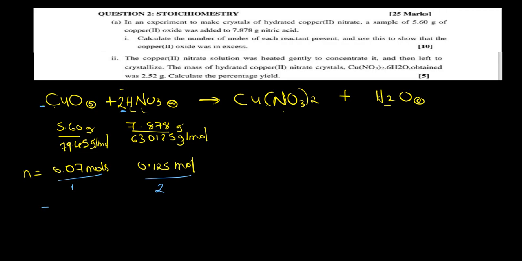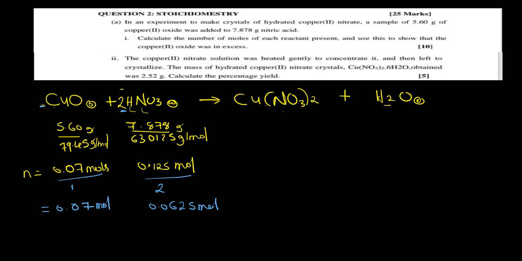This will give us 0.07. Here it will give us 0.0625. So these are the moles required in this reaction.